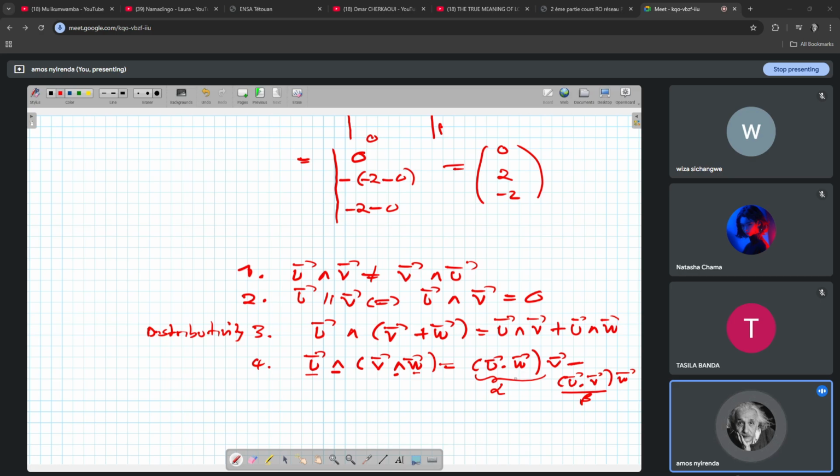Now, what does a dot product give us? This is me shedding more light on what is happening here. A dot product is going to give us a scalar. U dot v is a scalar. So we'll scale this vector v by some quantity alpha.